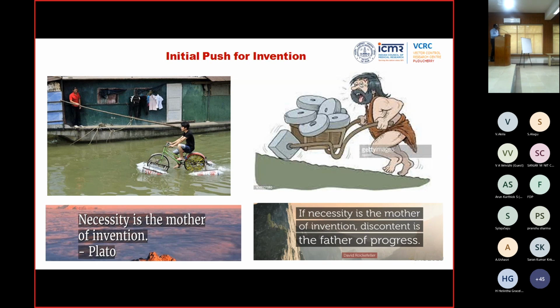The other thing in innovation is discontent. What is discontent? It is dissatisfaction. Dissatisfaction is an important factor for further progress in innovation. So both the need and also the positive discontent. These two things are very, very important. Next slide, please.